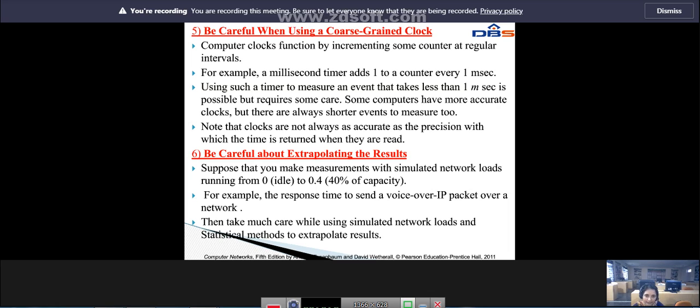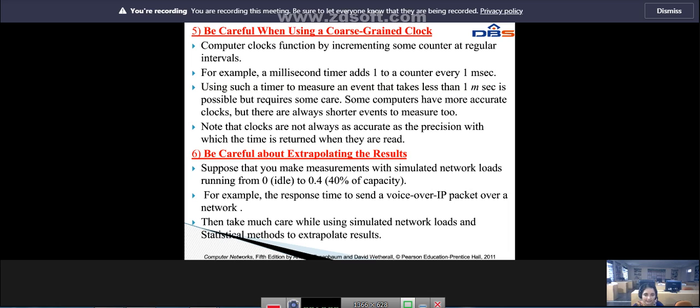Using such a timer to measure an event that takes less than 1 millisecond is possible, but requires some care. Some computers have more accurate clocks, but there are always shorter events to measure too. Note that clocks are not always as accurate as the precision with which the time is written when they are read. So, this is the fifth rule, and the sixth rule is be careful about extrapolating the results.